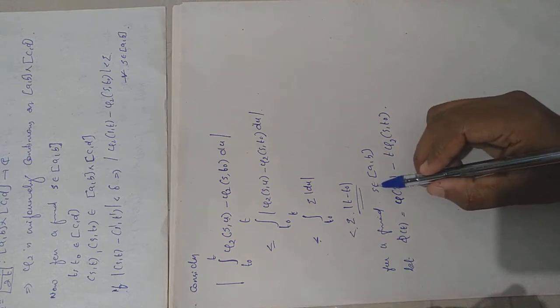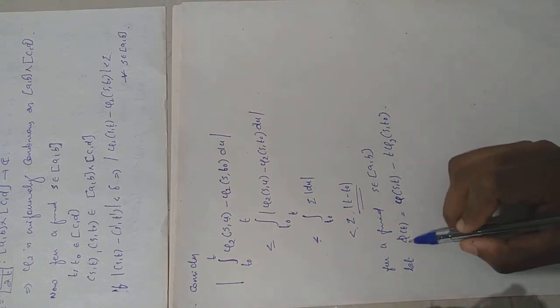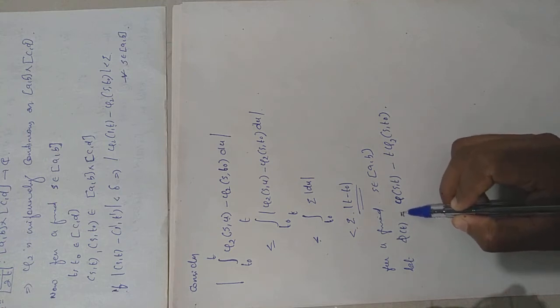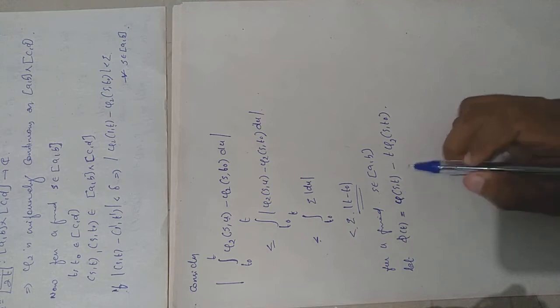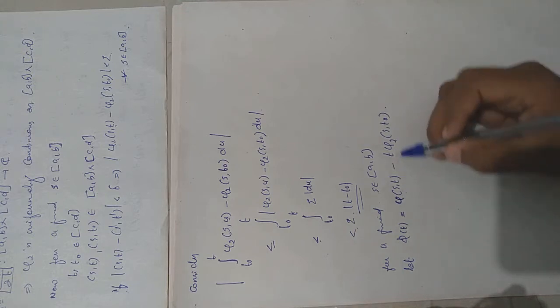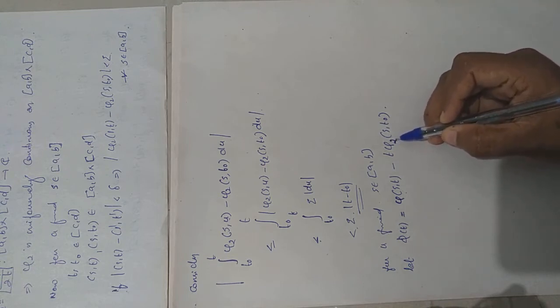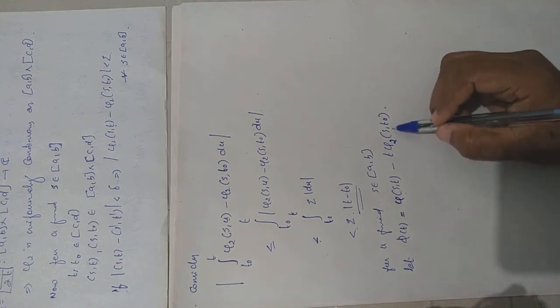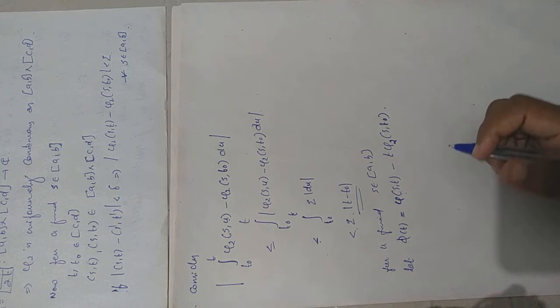That function is defined on the closed interval, and psi of s comma t is the function given in our theorem or proposition. And psi 2 is actually the partial derivative of psi with respect to t, which we named psi 2, evaluated at the point t naught. This is how the function is defined.